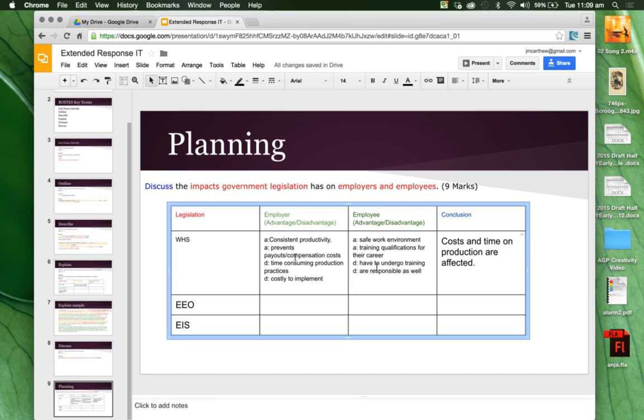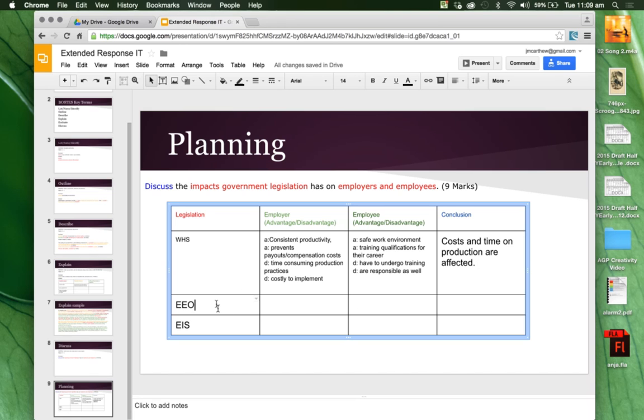So we've essentially sort of established our paragraph for one portion. This is half the answer because it's looking for impacts. Okay, we've got impacts. We've got government legislation has on employers and employees.